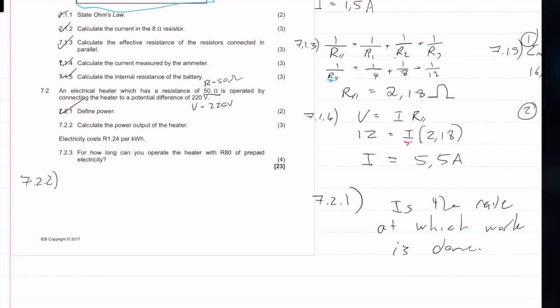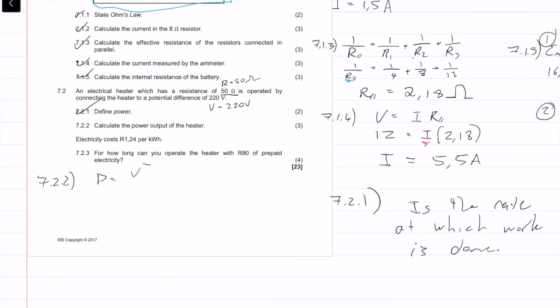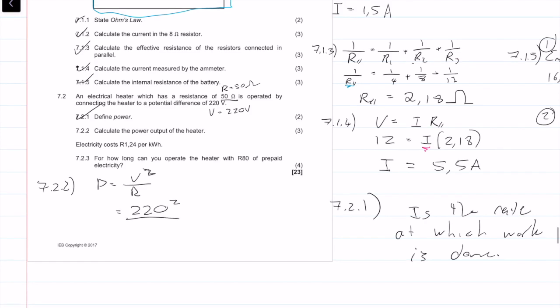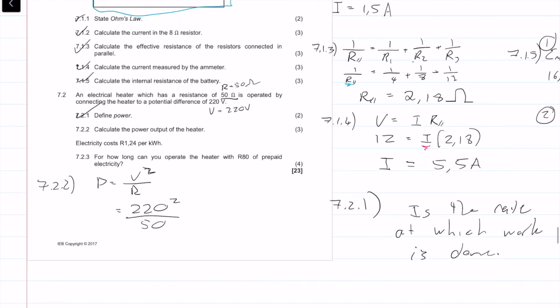So I get P equals V squared over R, which is equal to 220 squared over the resistance of 50, which was given in the question. If we do that, the power becomes equal to 968 watts. And we get 3 marks for that, which is quite nice considering it was an easy question.